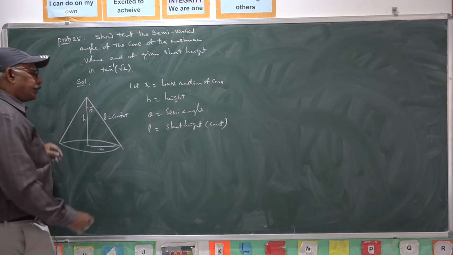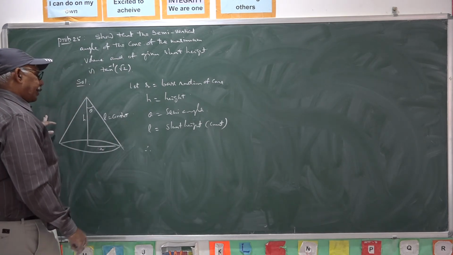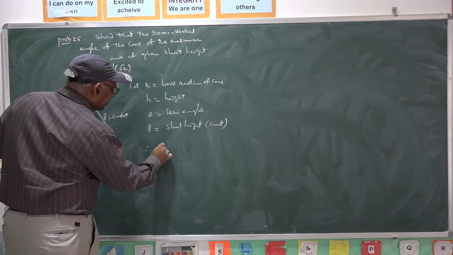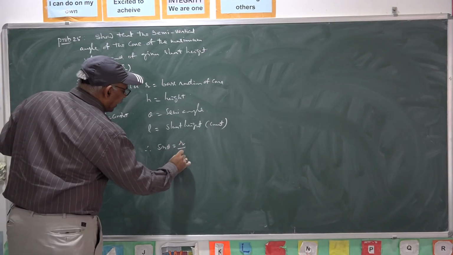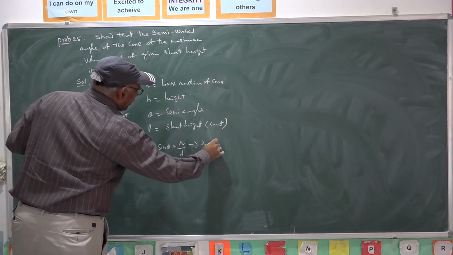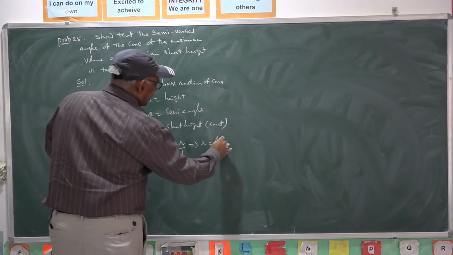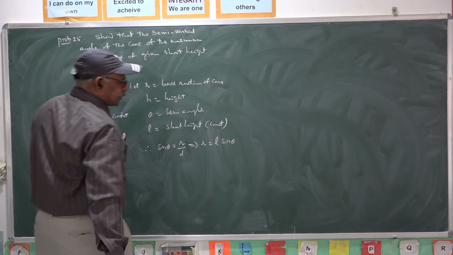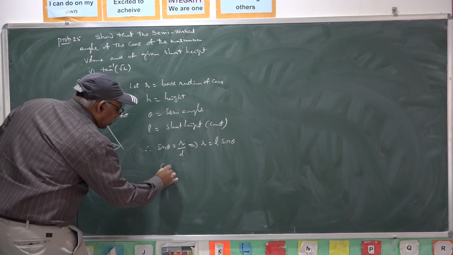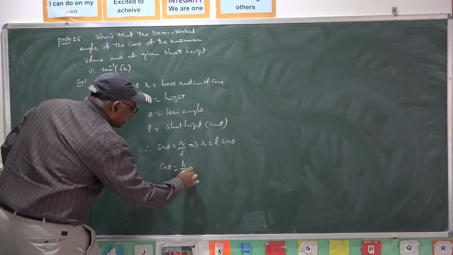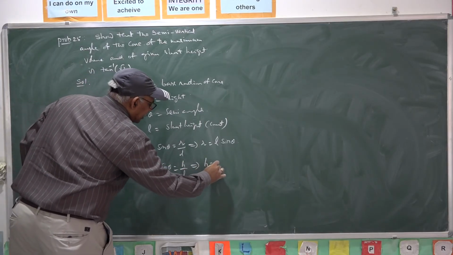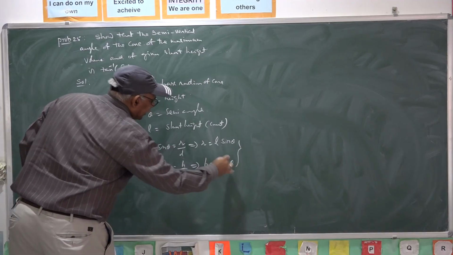So from this figure, sin theta equals R by L, which implies R in terms of L and theta is L sin theta. Cos theta is H by L, which implies H in terms of L and theta is L cos theta.